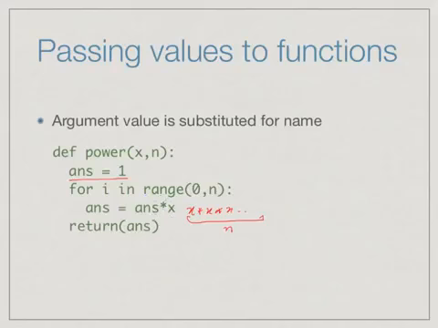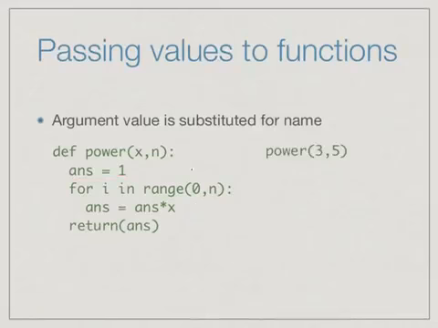Finally we return the answer that we have got. Now, the way we would use this function in our code is to write an expression of the form, say, power(3, 5). Obviously this means that 3 should be used for x and 5 should be used for n. We would then run this code with the values x equal to 3 and n equal to 5.